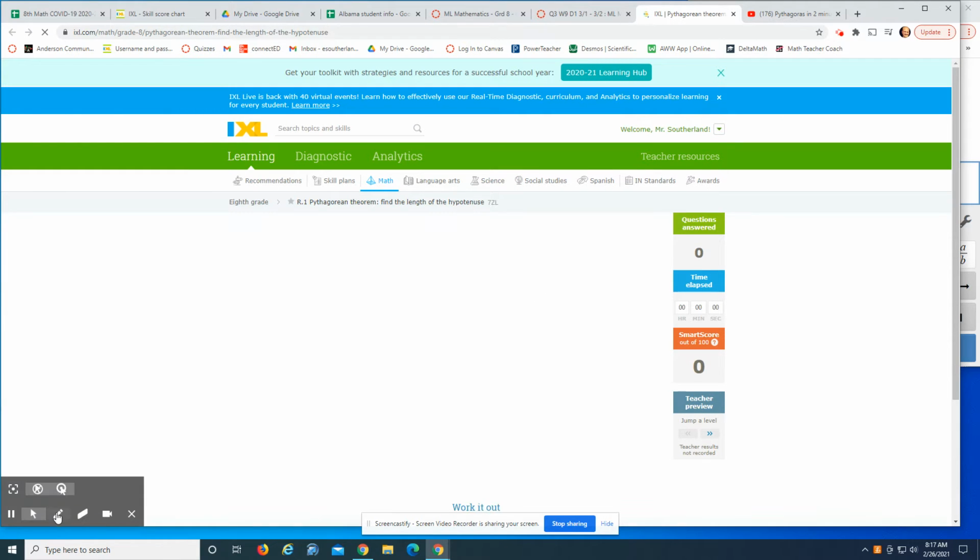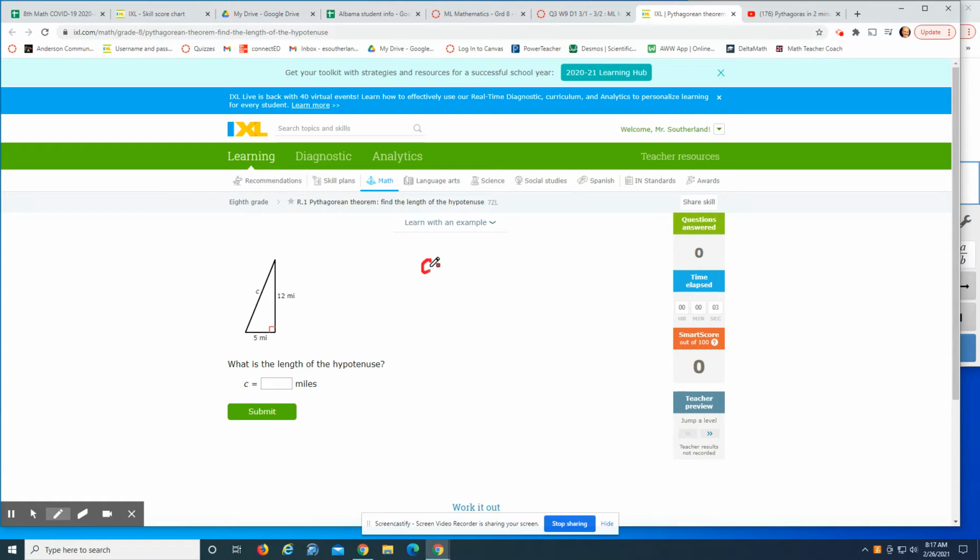Here's basically what the Pythagorean theorem says. It says a squared plus b squared is equal to c squared. When we talk about a problem, we have to label our sides.